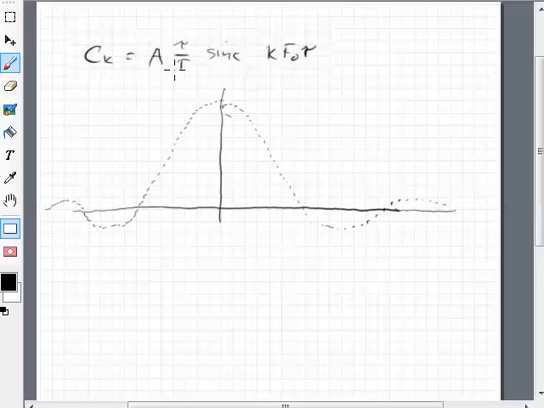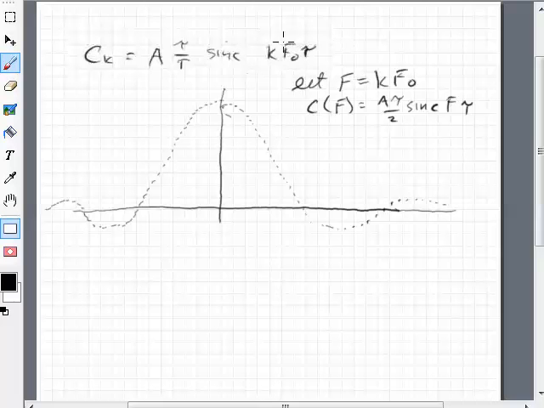Okay, so I'm going to write that, and we can get this envelope by letting f equal kf naught. Okay, and then we've got c of f is equal to a tau over 2 sinc of f tau, right?